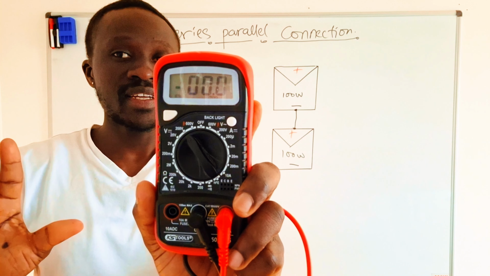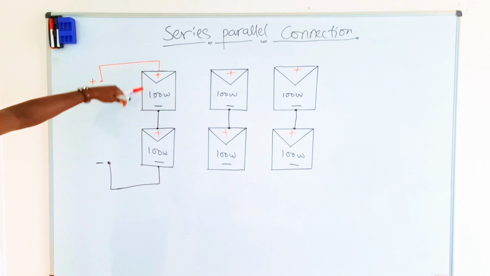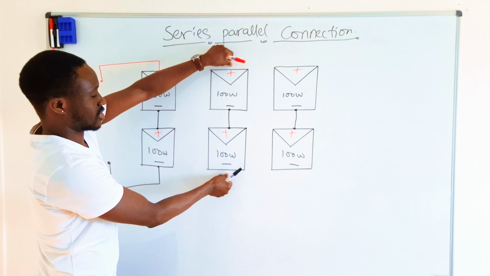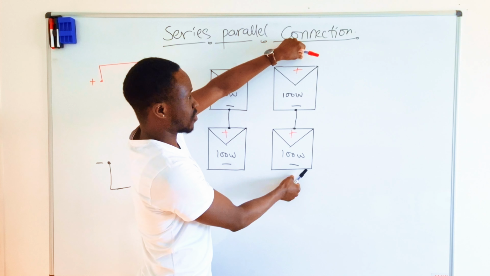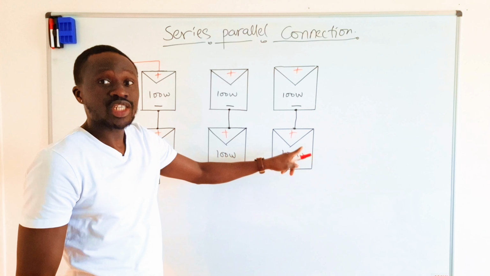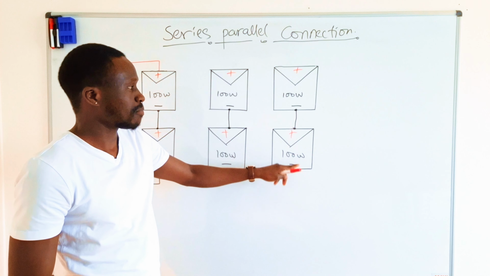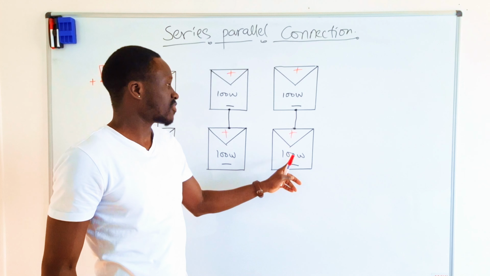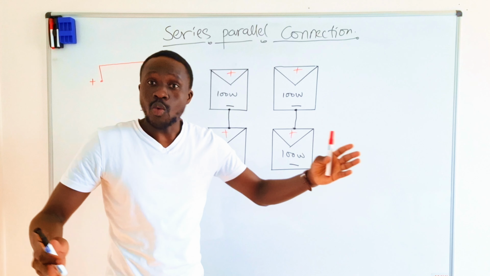Since we have connected this in series, the same thing happens here: 40 volts, since our panel is 20 volts. And our watts will increase. If this is 100 watt and this is 100 watt in series, the wattage will add on, and we shall have 200 watts.